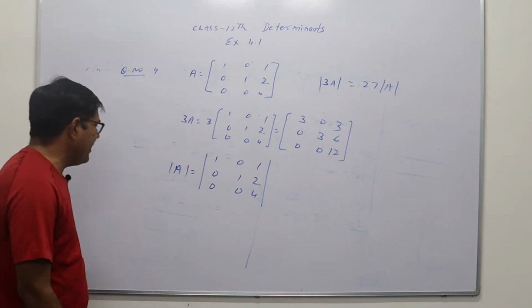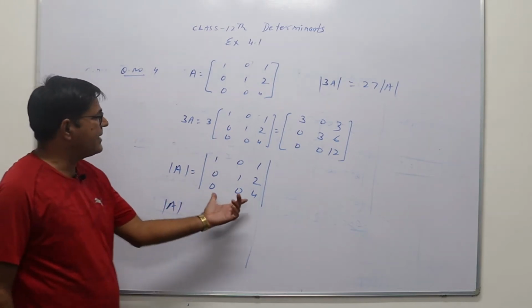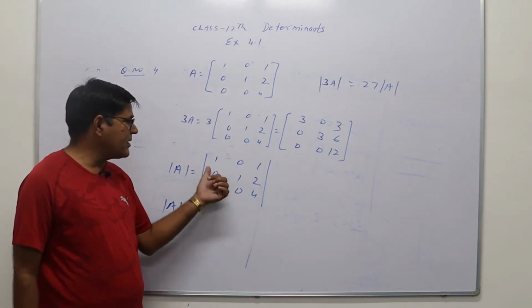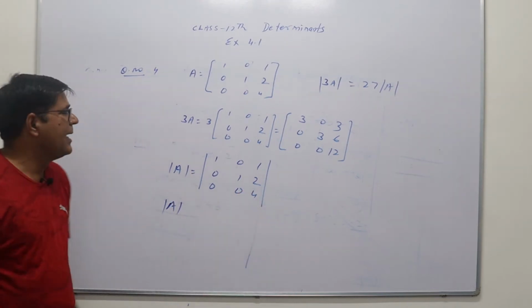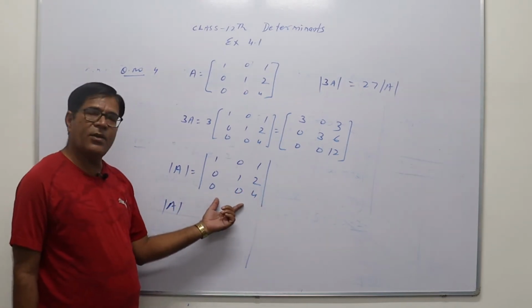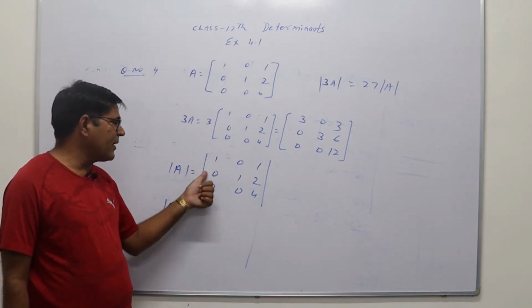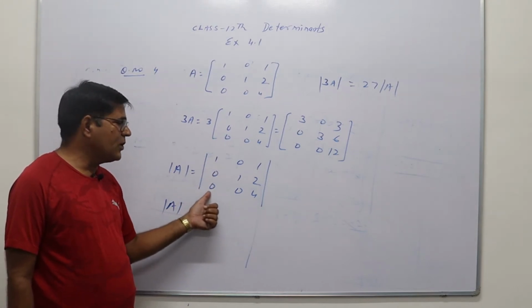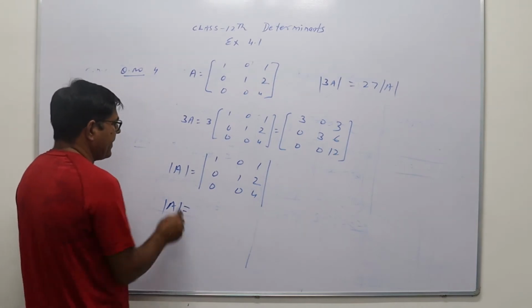You can expand this determinant with respect to the first row, second row, third row, first column, second column or third column, and in every situation its numerical value will remain the same, but we are expanding with respect to the first column because in the first column 2 entries are 0, so the calculation will be easy.